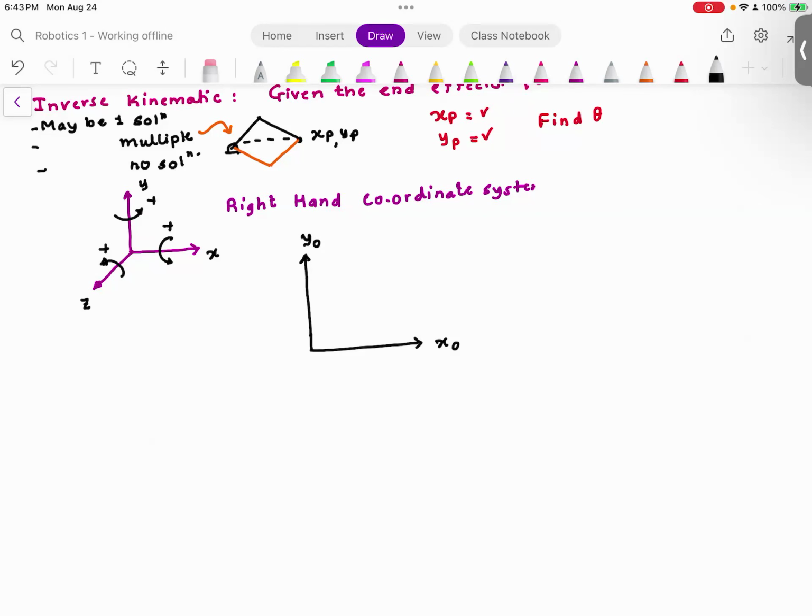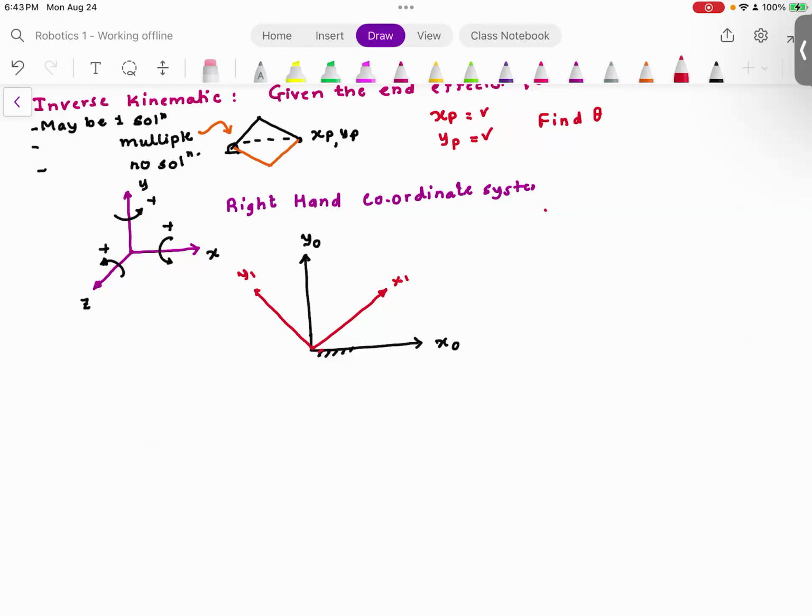Now assume that this axis is fixed. And then I have another set of axes, which I'm gonna call X1 and Y1. So this is X1 and Y1.